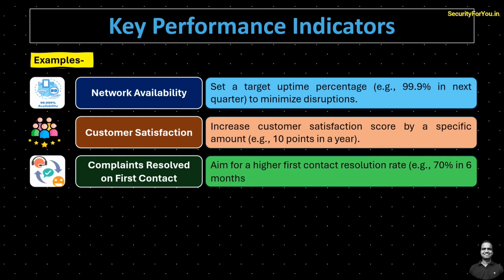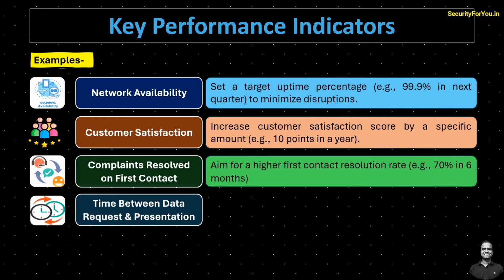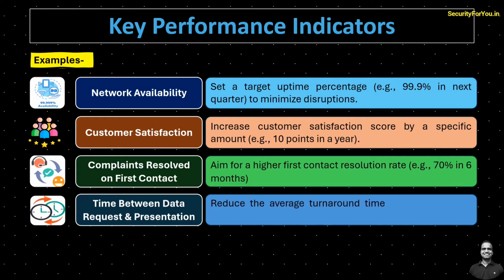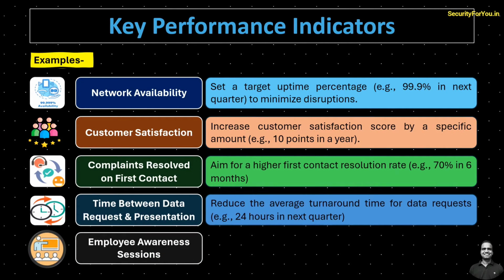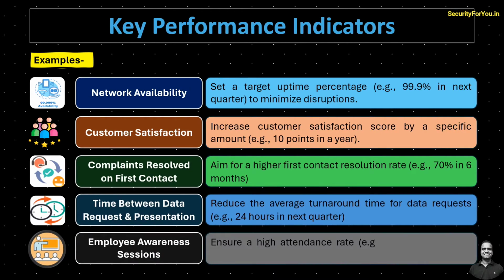Aim for a higher first contact resolution rate, which can be 70% or 80% in the next 6 months, for quicker issue handling, right? Time between data request and presentation: reduce the average turnaround time for data requests for faster decision making, like 24 hours in the next quarter or 6 months. Employee awareness sessions: ensure a high attendance rate, like 80% or 90% as per your need, for mandatory training sessions to maintain a well-informed workforce.